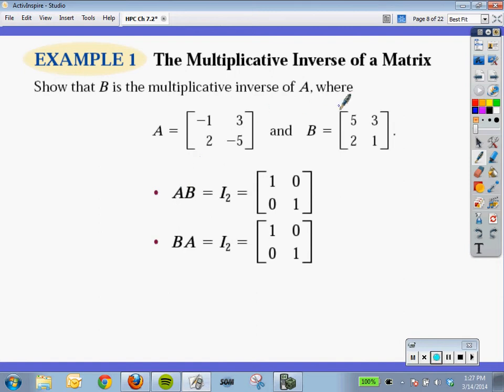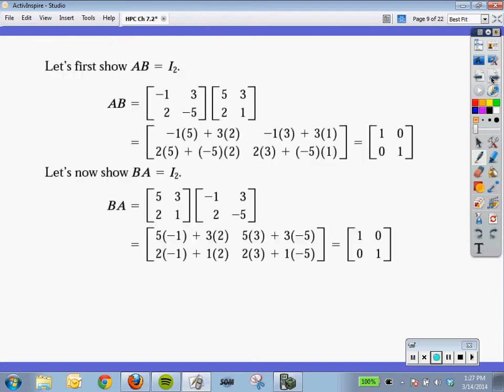If b is the inverse of a, then we should get the identity matrix, right? And if we multiply b times a, if b is the inverse of a, we should get the identity matrix, right? And that's how we would prove it, just multiplying those two matrices together. And that is the work here for this particular problem. Row times column, rows times columns.